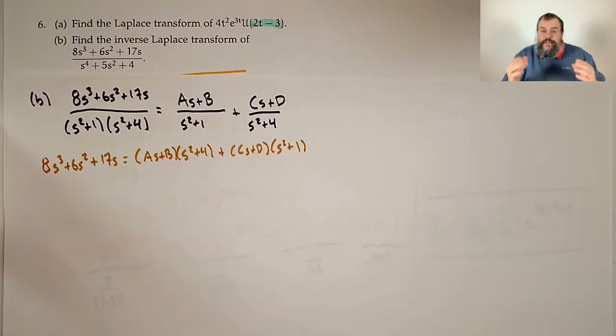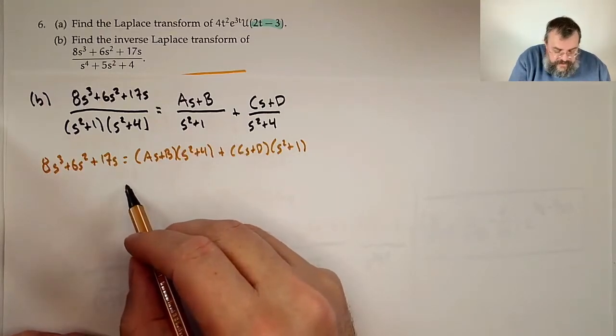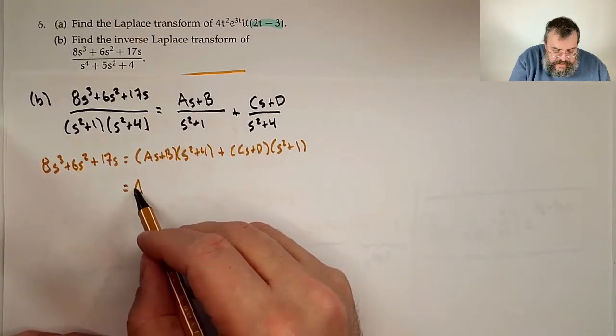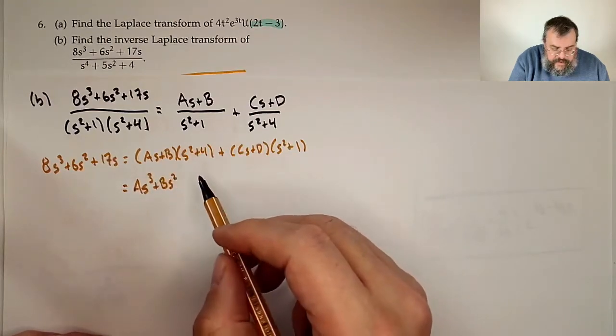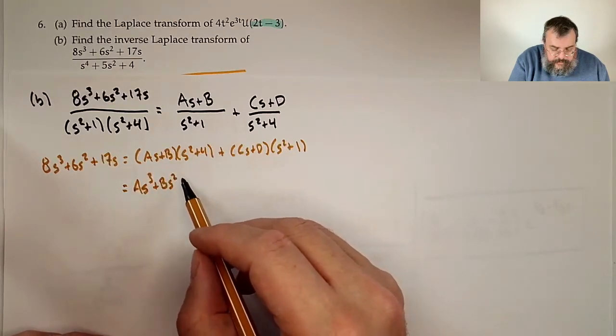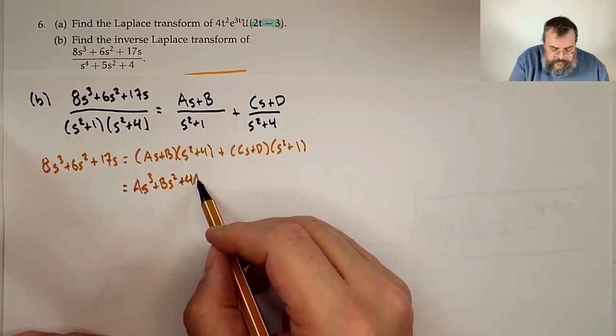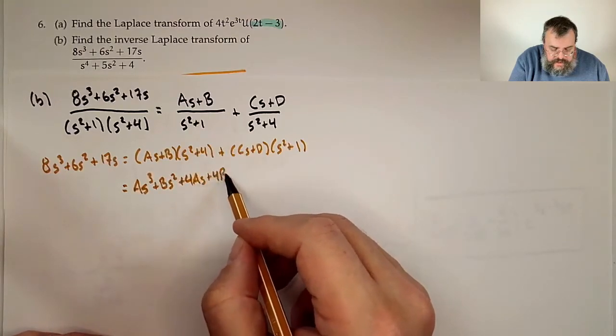So what we do is expand. Okay, so this is As cubed plus Bs squared plus 4As plus 4B.